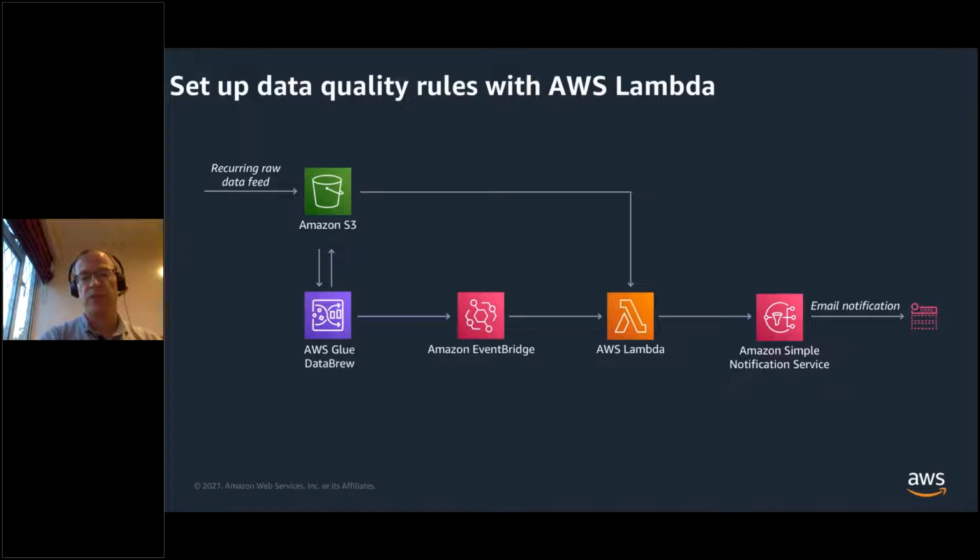If your business rules have failed, then you probably want to stop any further processing in your pipeline. So instead, you might want to trigger an email notification alerting a user and allow them to manually intervene and review that data.